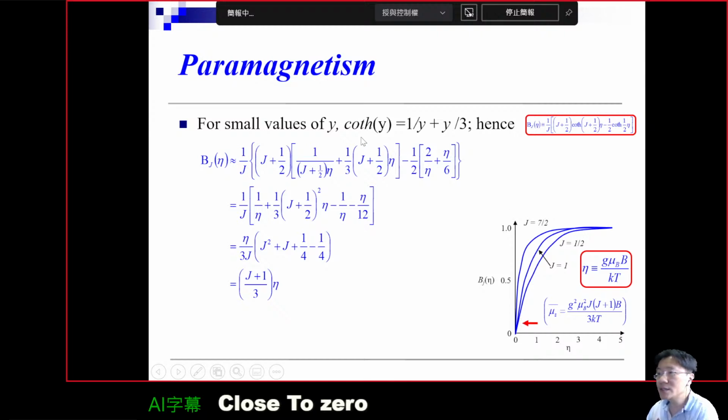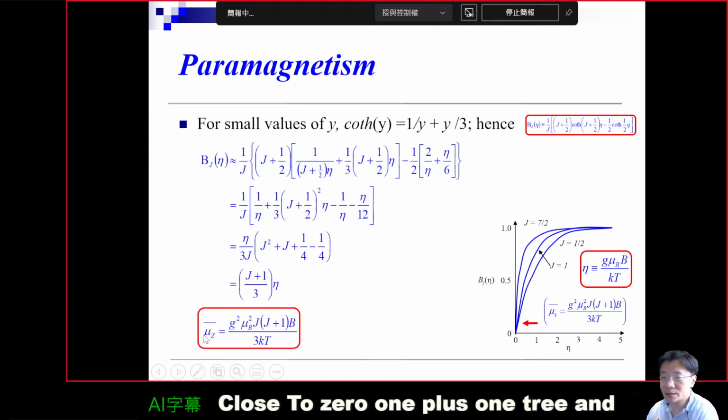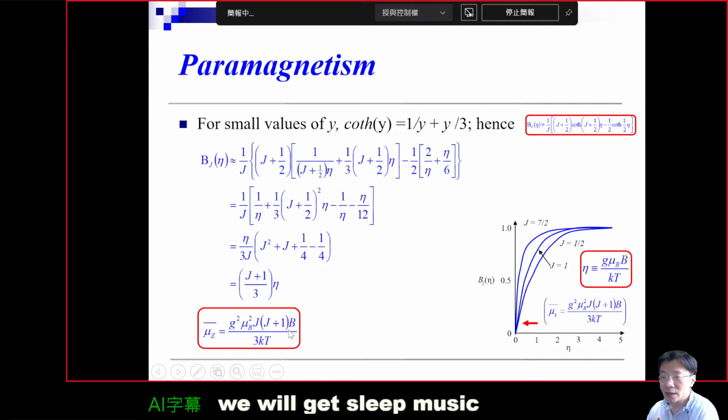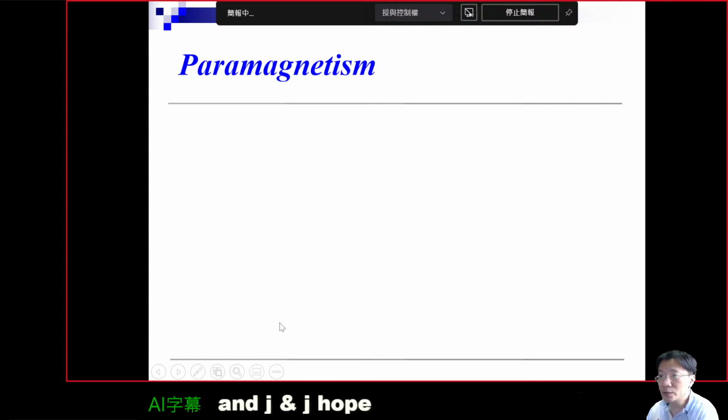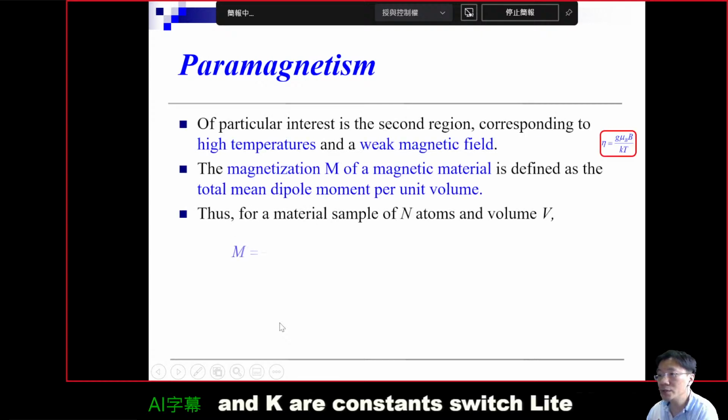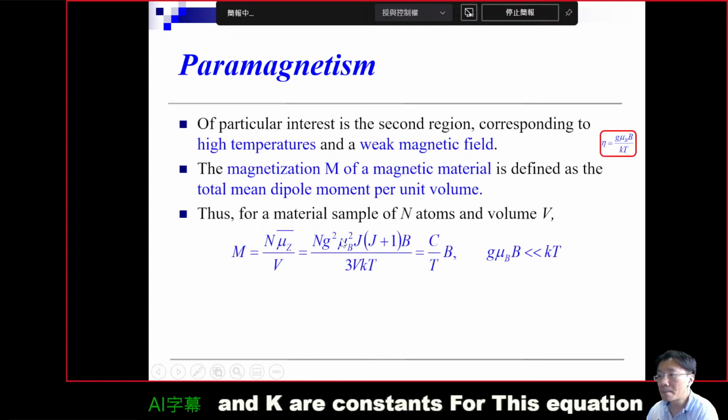So in this case, the hyperbolic function would be equal to 1 over y plus y over 3, and in the end we will get the average mu z equal to these equations. In these equations, g, mu B, J, and k are all constants. So we can rewrite this equation this way.